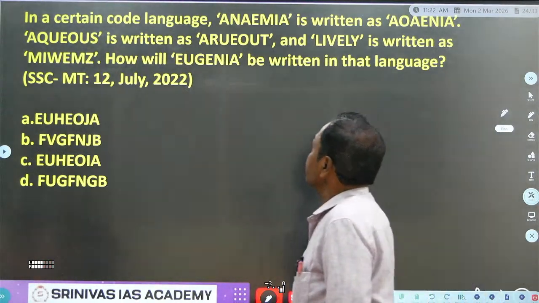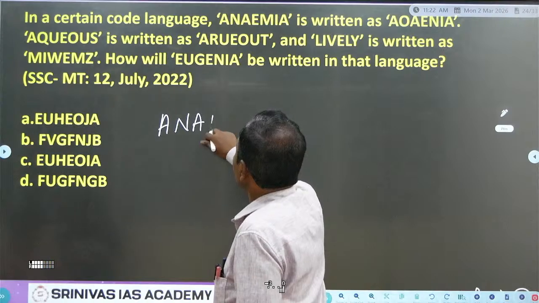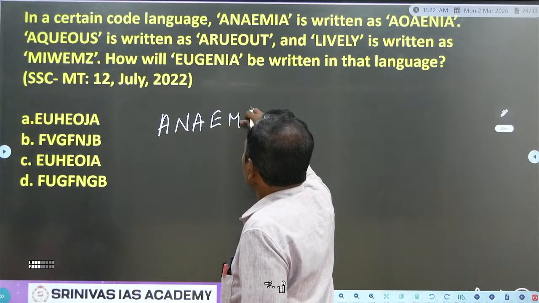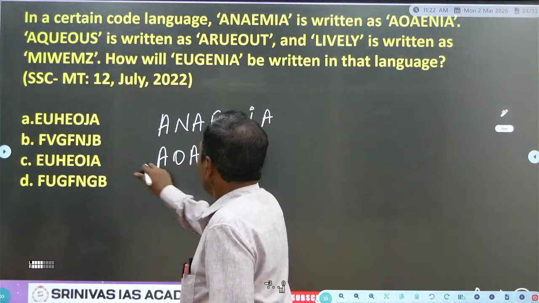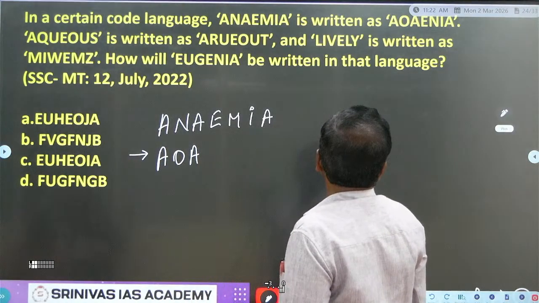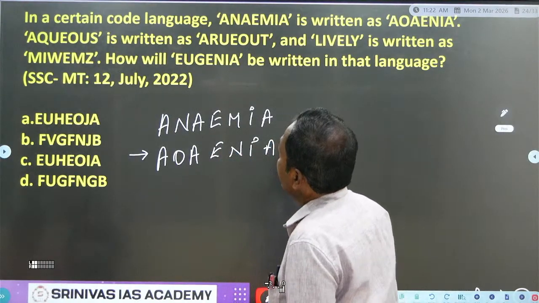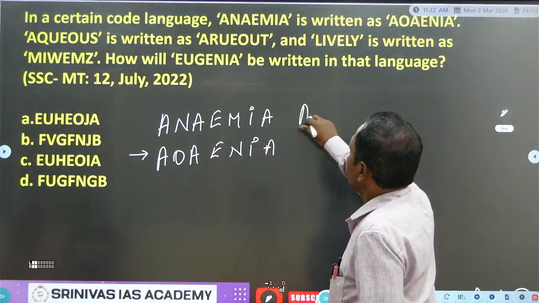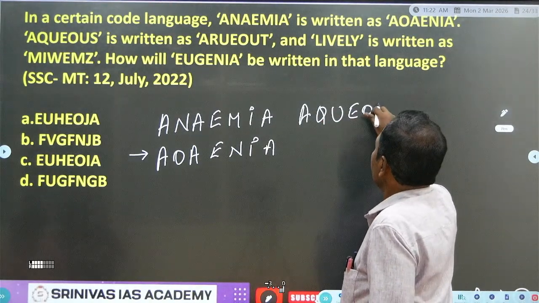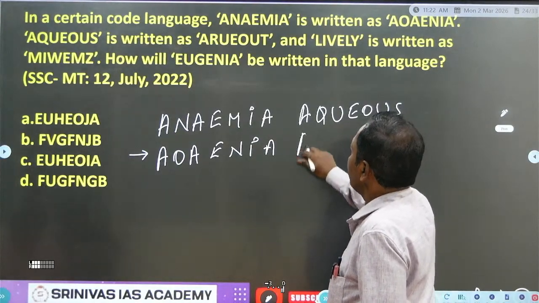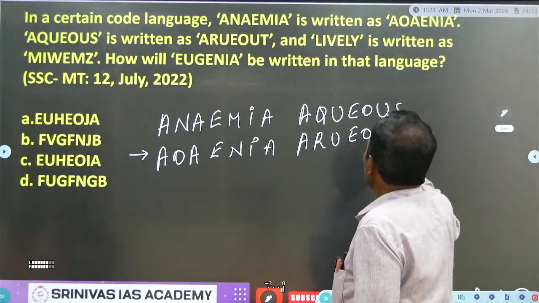Now, in a certain code language, ENIA is written as AOA, and EOUS is written as ARU, EOUT.